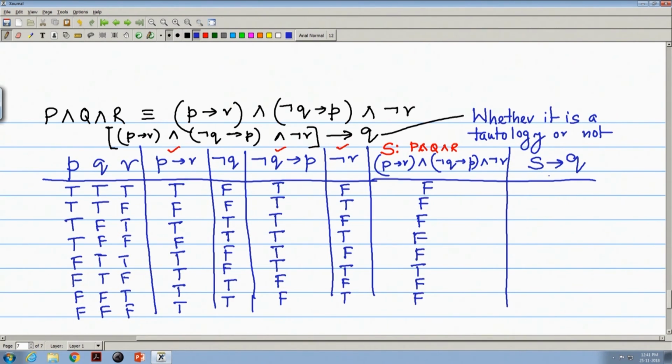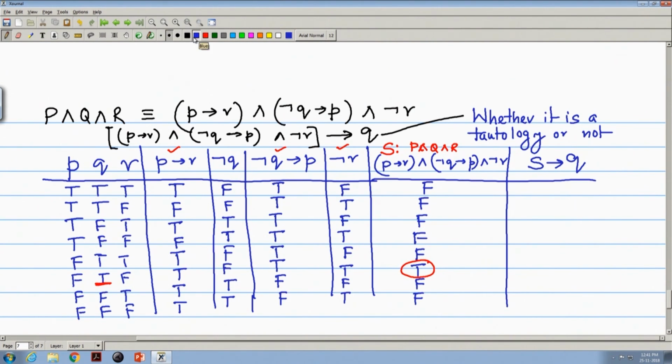So, S implies Q. Now, see this is S, and except this one, in all cases it will be vacuously true. Except for this case, where S implies Q, Q is T and S is also T, so this becomes true.